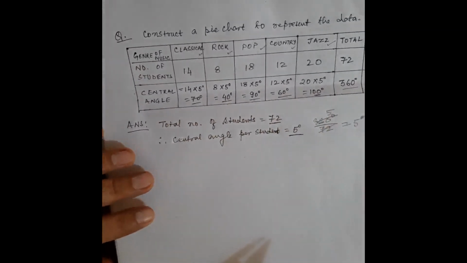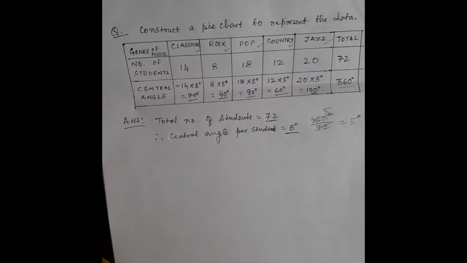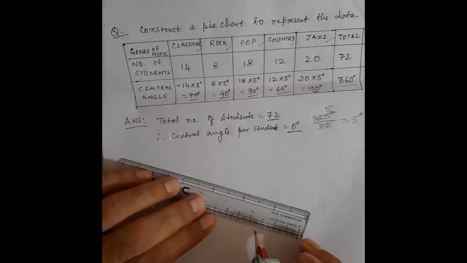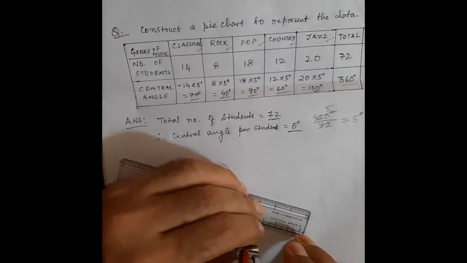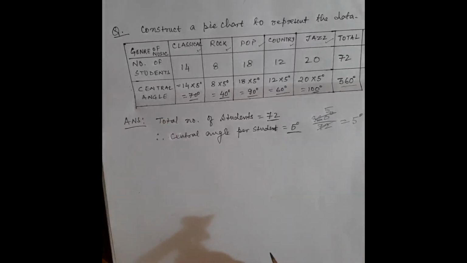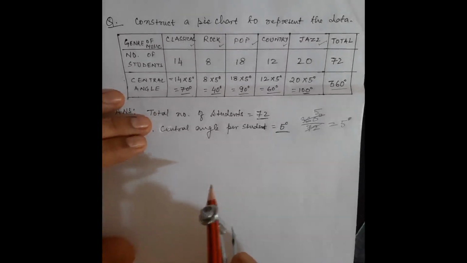Now coming to the construction part, as I already told you in my last video, we need to take a radius of approximately 4 to 5 centimeters. It is not compulsory that you take only 4 or 5 or 3 centimeters. You can take any measure.